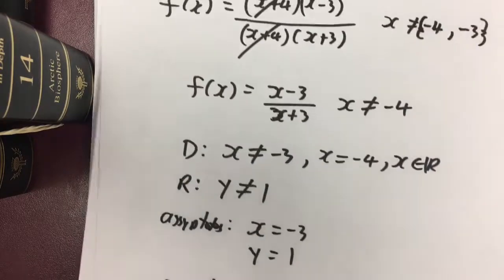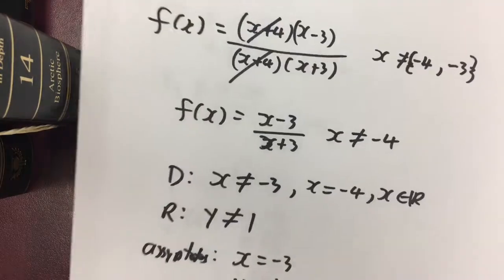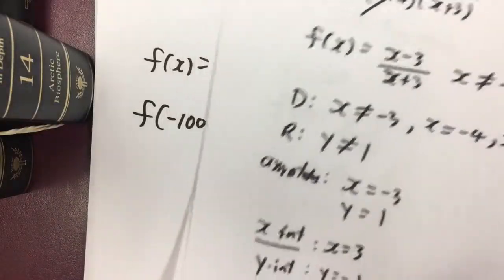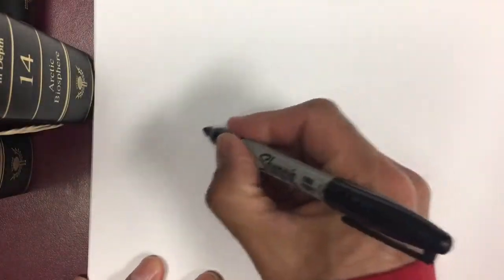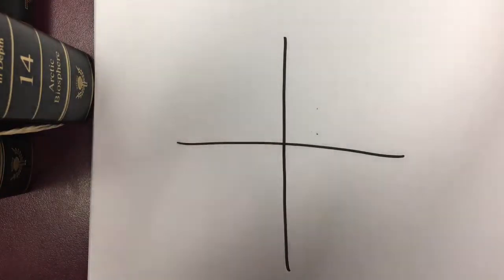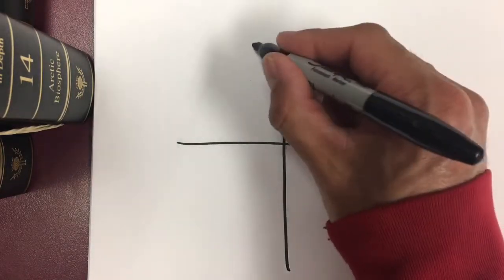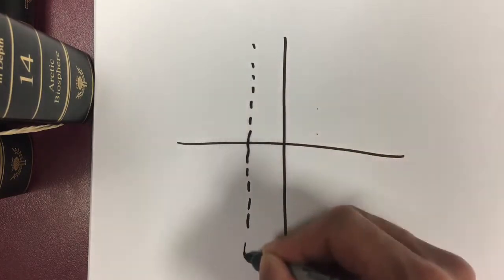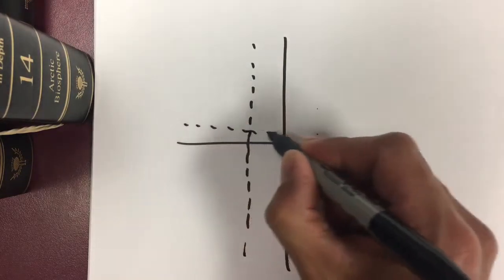So now we'll take all this information in and draw a graph. We have our asymptotes at x equals negative 3 and y equals positive 1.